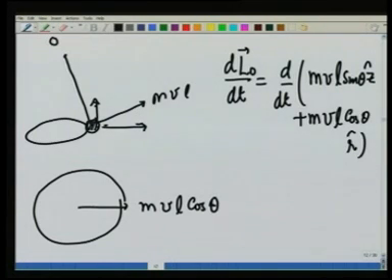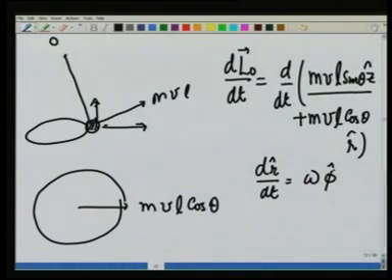In this, m, v, L, theta, z all are constant, so this derivative is 0. In this, m, v, L, theta are constant, but the r unit vector keeps on changing. And if you recall from the first or second lecture, dr over dt is nothing but omega in the phi direction.